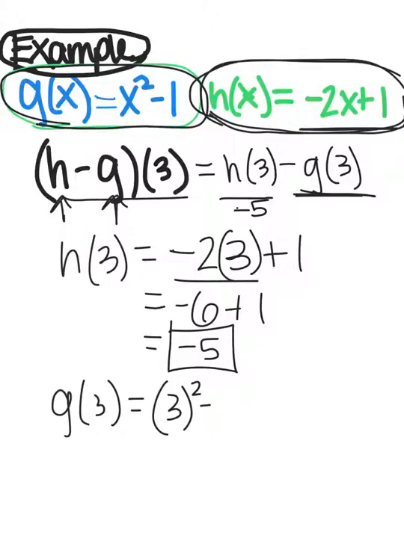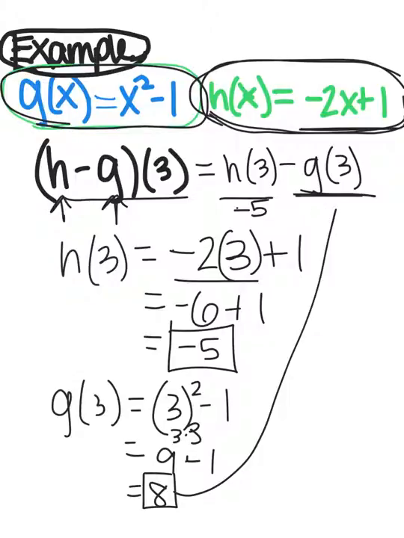So I'm going to get in the habit of putting a parenthesis around my input value. So 3 squared minus 1. 3 squared I know is 3 times itself twice, which is 3 times 3, which is 9, minus 1, and that's 8. So that's my output value for g of 3. So now I have negative 5 minus 8, and that's going to be negative 13.